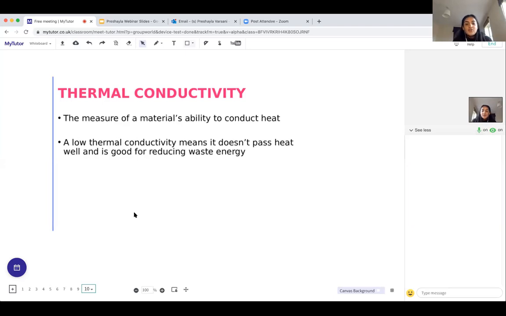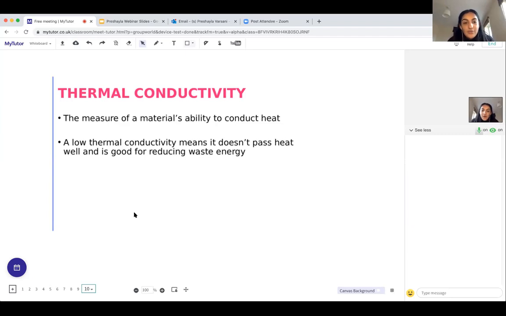So it's talking about how much energy is required to heat up the material by a specific amount. Thermal conductivity is less specific. It's just the measure of a material's ability to pass heat through. So how good of a conductor is it, basically.